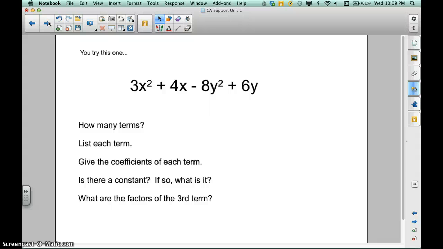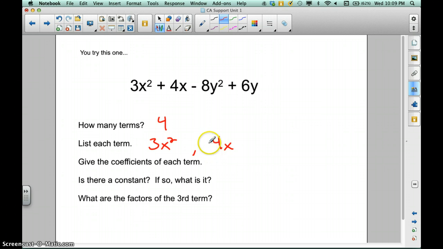Okay, I hope that you've completed that. There are 4 terms in this problem: 1, 2, 3, 4. The first one is 3x squared. The second one is a positive 4x. I don't have to write the positive part because we never do.